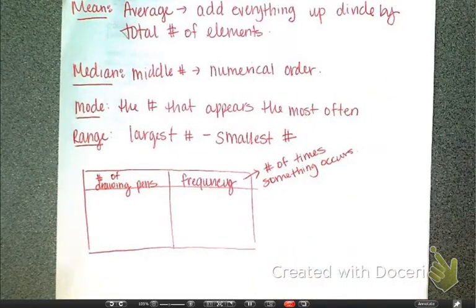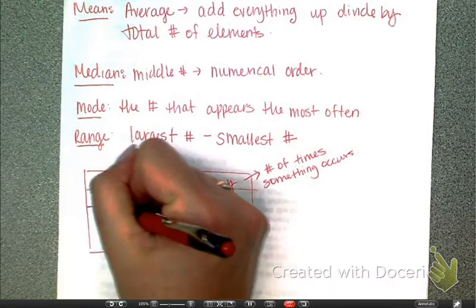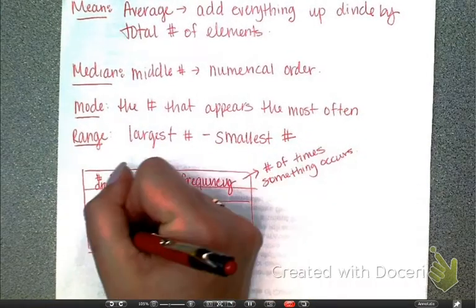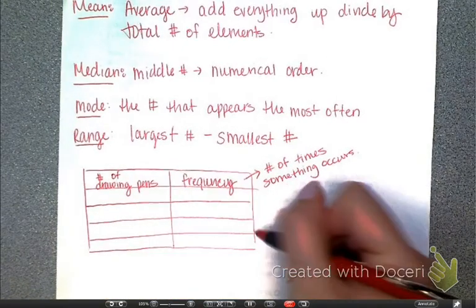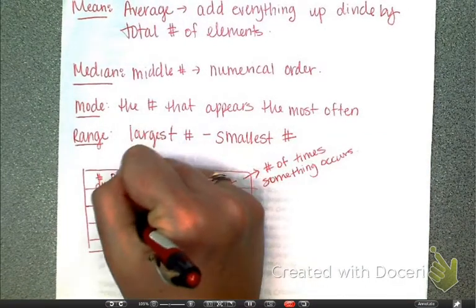In this case, we're looking at basically the number of pens that we get in a box. Okay, so let me give you some numbers and then I can explain. So 29.